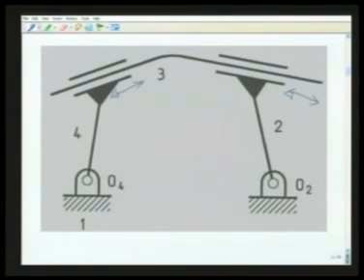So here n is 4, j is 4 as we obtained earlier, and F, which is 3 times (n minus 1) minus 2j, is again 3 into 3 minus 2 into 4, which is 1.